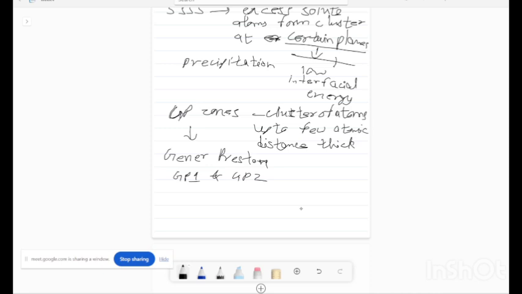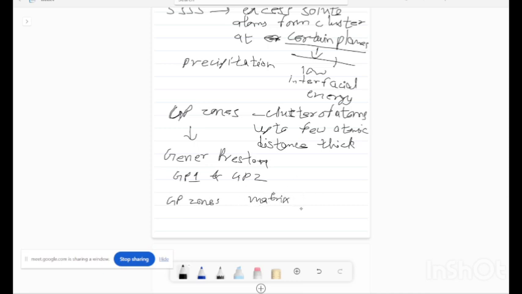So how do the initial clusters of atoms contribute in increasing the hardness of the alloy? The GP zones have mismatch with the matrix. Matrix is the aluminium alloy.